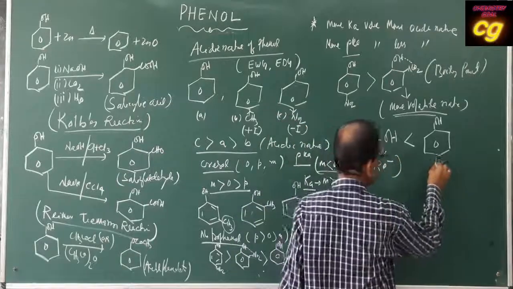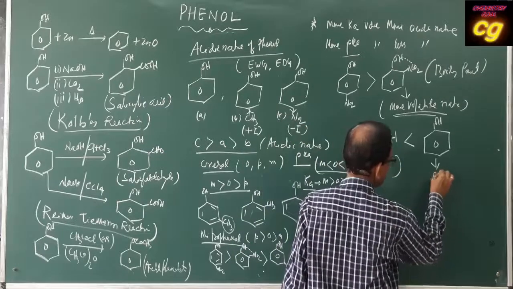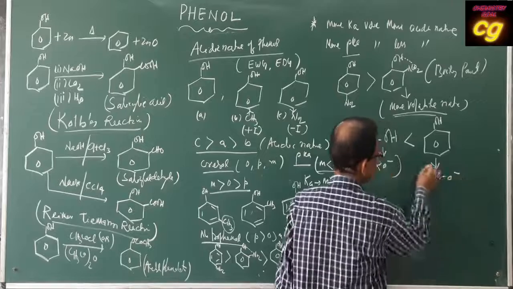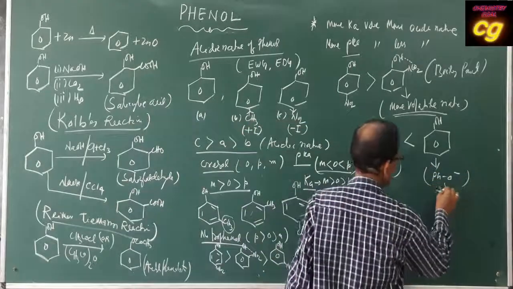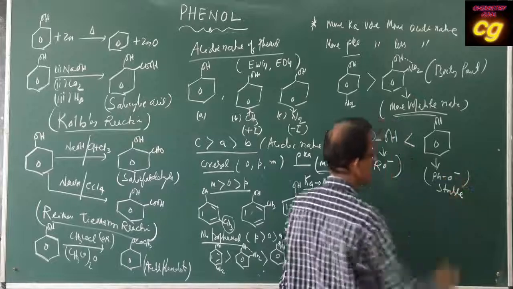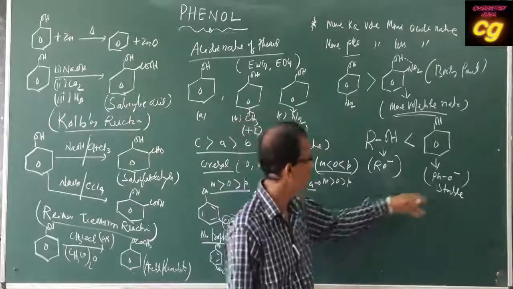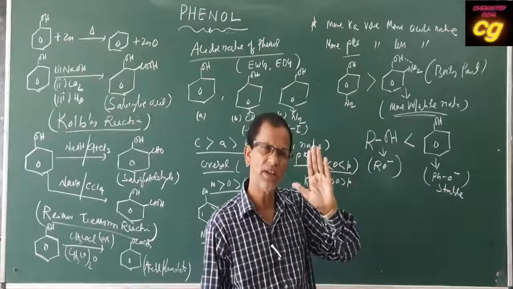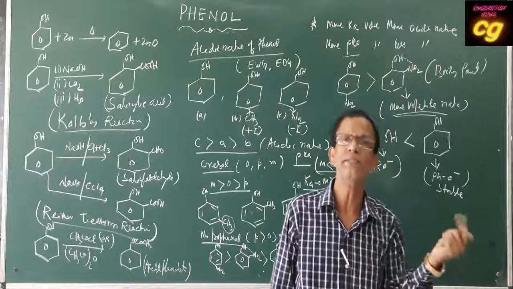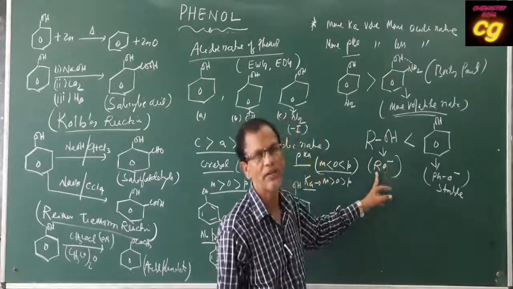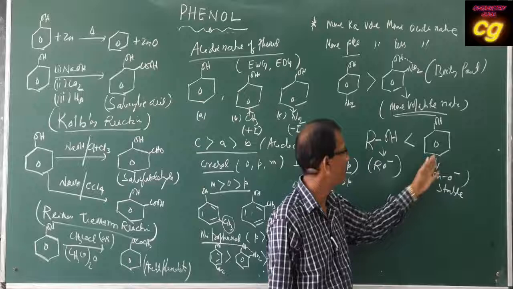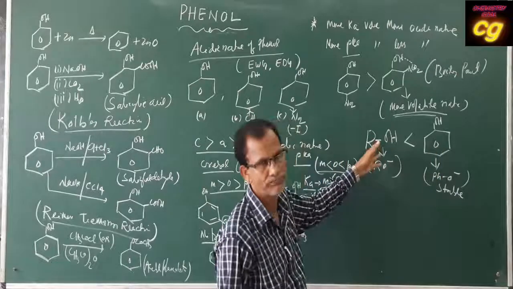The conjugate base of phenol is PhO minus, which is stable by resonance, as already discussed. If the conjugate base is more stable, then the parent acid is more acidic. So the phenolate ion is more stable than the alkoxide ion. That's why phenol is more acidic than alcohol.